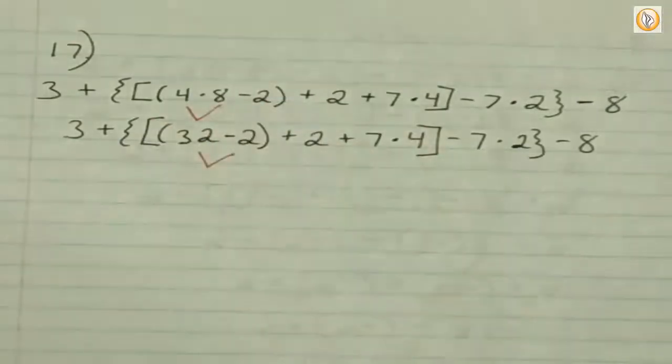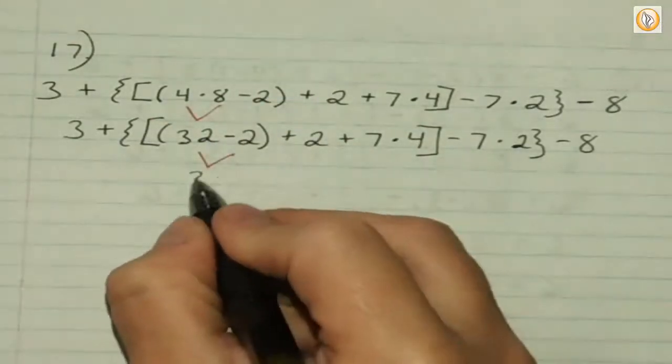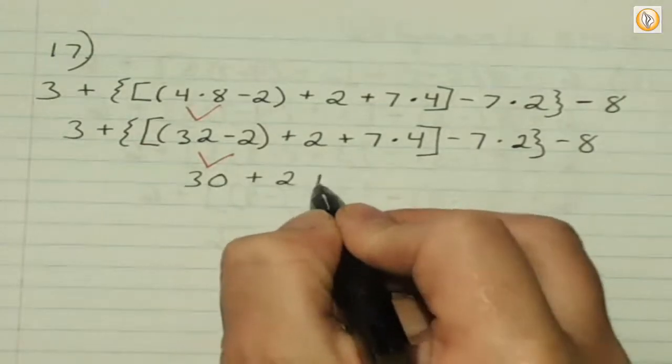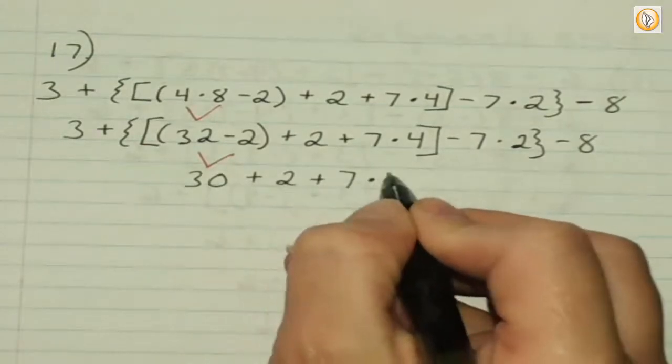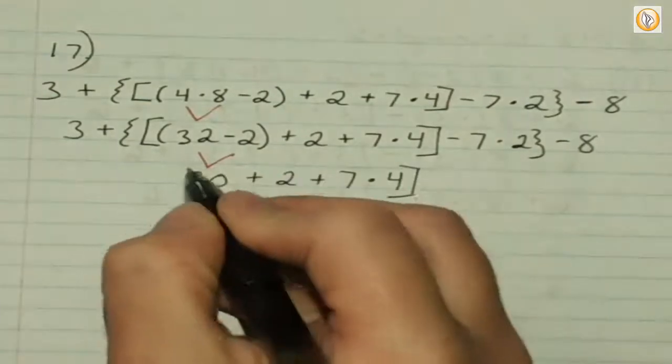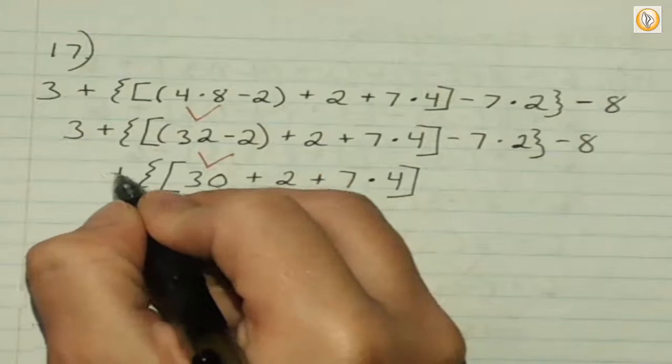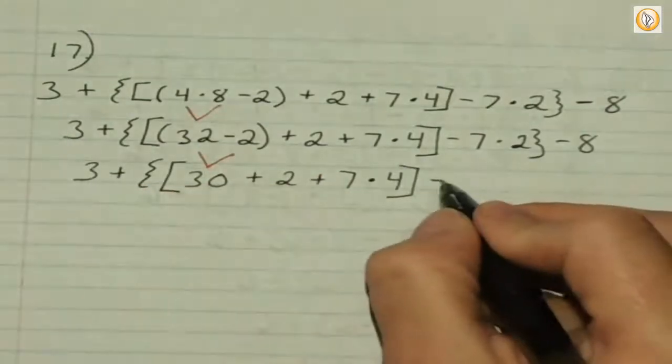Good. Which is? 30. Okay. And I'm rewriting my problem. She finished that group. Make sure handwriting is nice and neat.